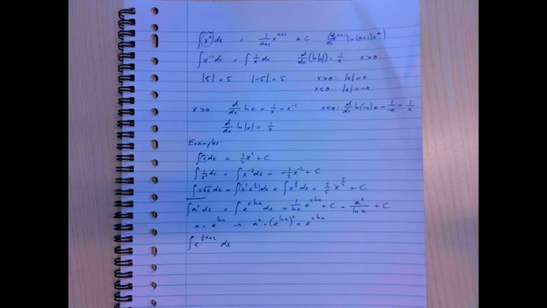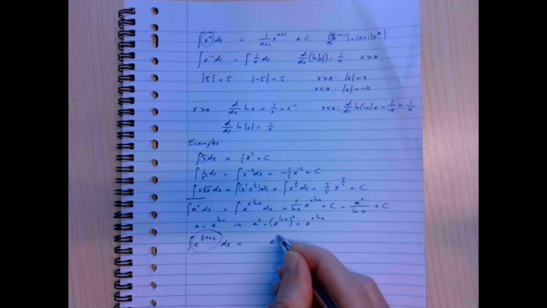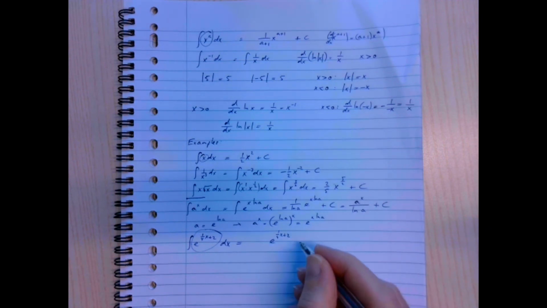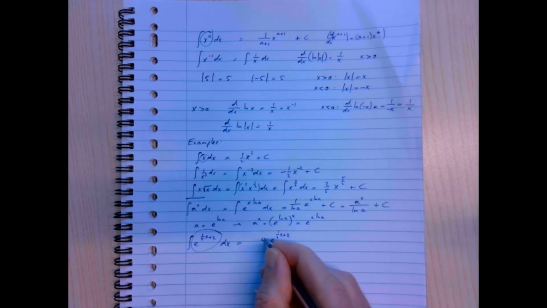So the question again is, can we find some function which, if we take the derivative, gives us back this e to the power 1/4 x plus 2? The answer is, yeah, we can. It's almost e to the 1/4 x plus 2 itself, except that if you take the derivative of that by the chain rule, this 1/4 will drop down in front of it. So you have to multiply this by 4 to cancel that 1/4, which will come down.